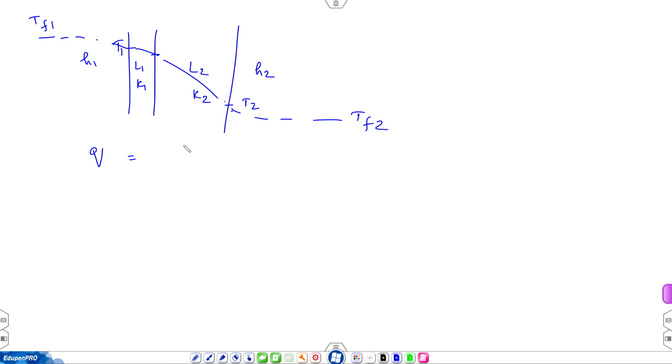It will be temperature difference. So, it is like V equal to IR. How much is I? It is V over R, which is delta T, which is Tf1 minus Tf2. So, overall temperature difference divided by the equivalent resistance, which is 1 over h1 plus 1 over h2 plus L1 over k1 plus L2 over k2.